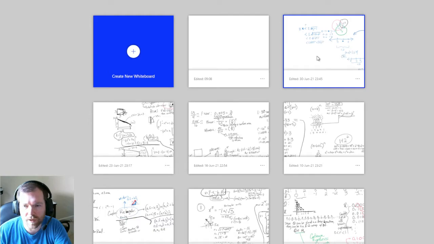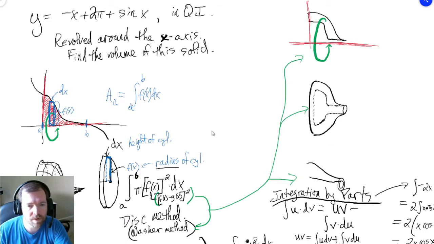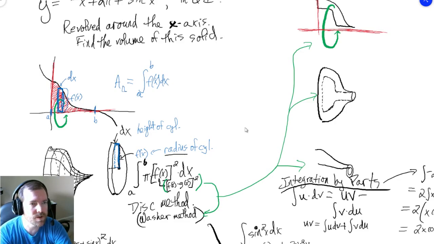Let's pull up what we had last time. The original function we were working with was y equals negative x plus 2 pi plus sine of x in quadrant 1, and we were revolving this around the x-axis like this.